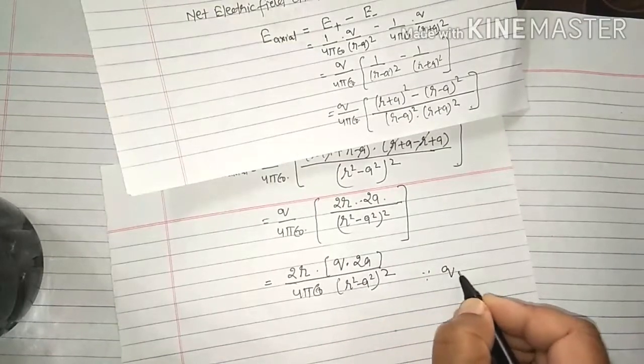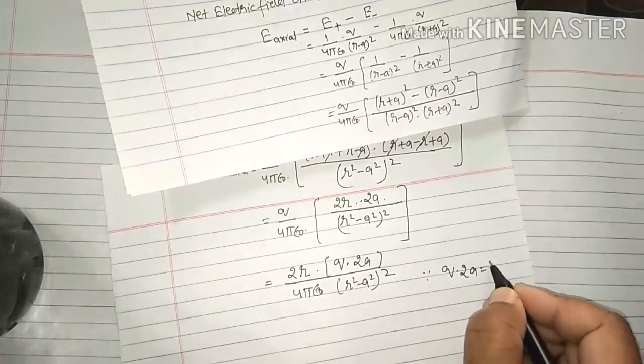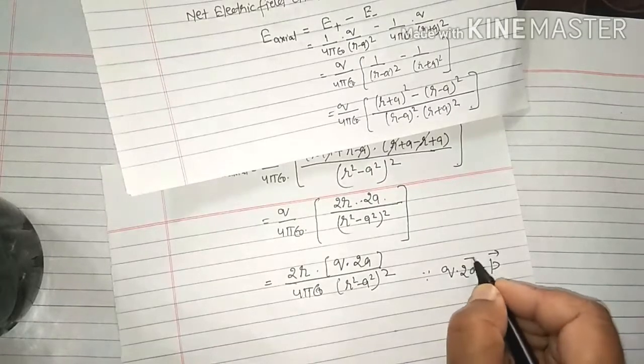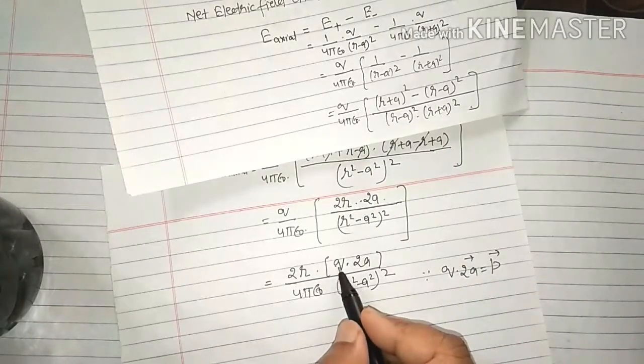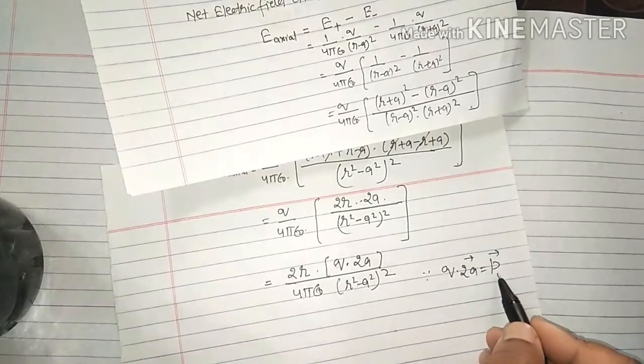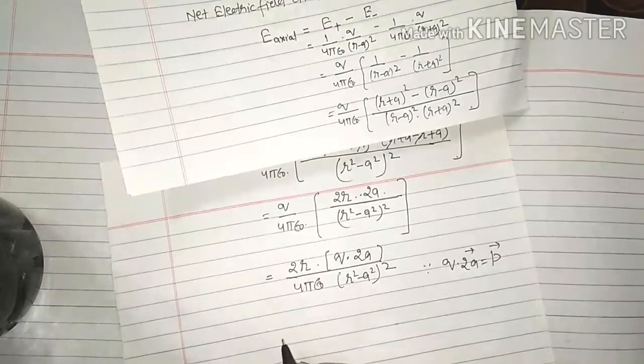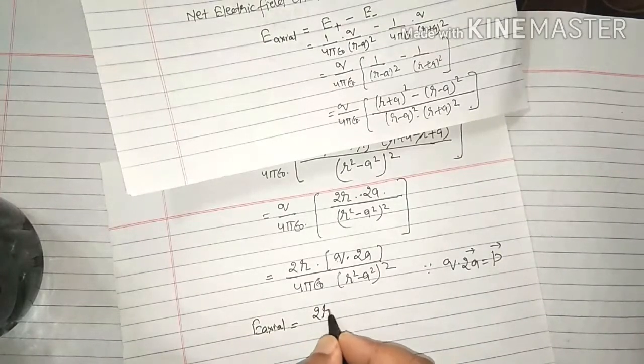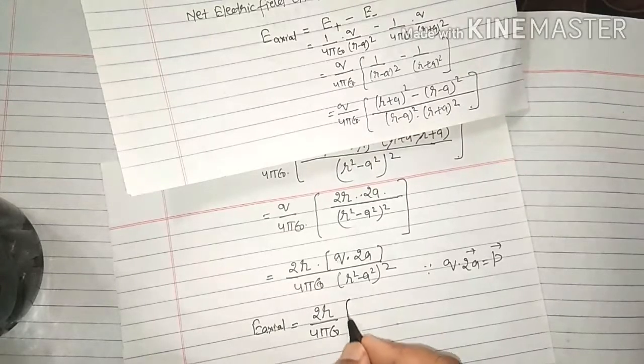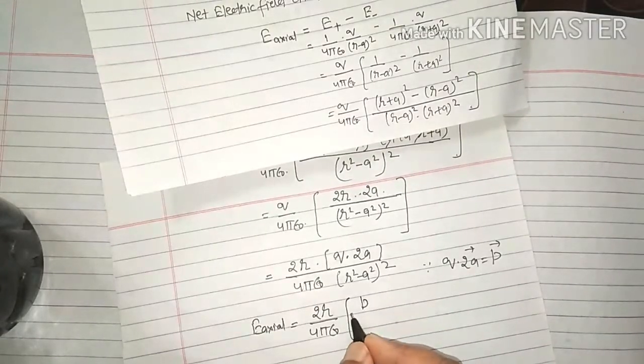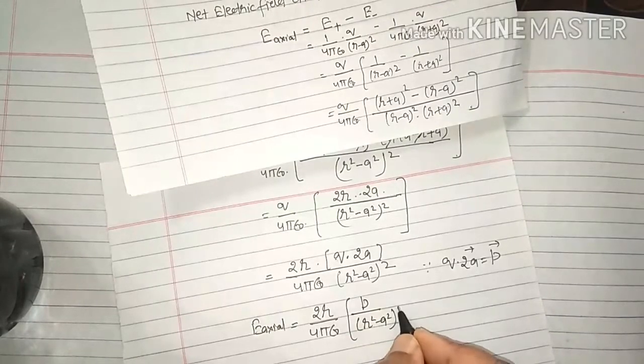Since q into 2A is nothing but the dipole moment, this quantity q multiplied by 2A can be replaced by the electric dipole moment. So E axial is equal to 2R upon 4 pi epsilon naught, p upon (R square minus A square) whole square.